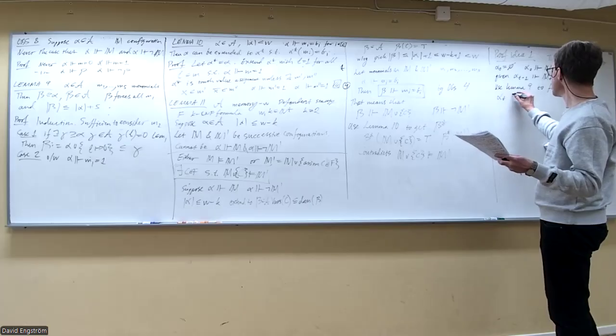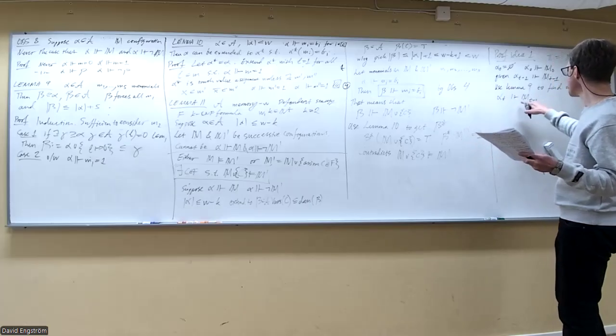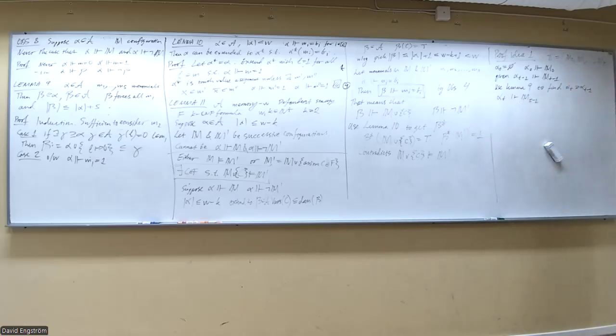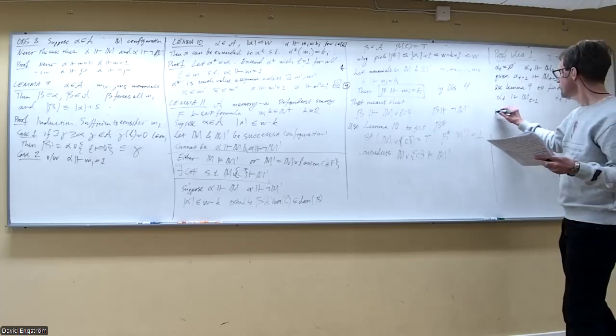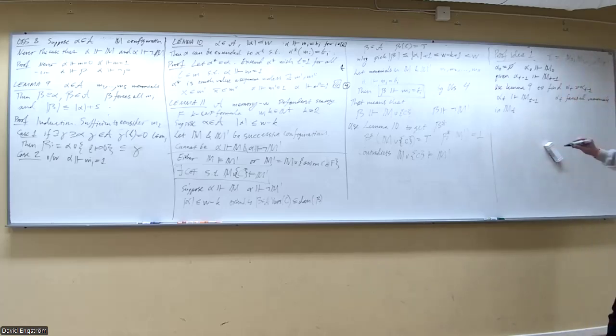So alpha t clearly still forces M t minus 1 because it's a superset, and also alpha t forces all monomials in M t. Okay.